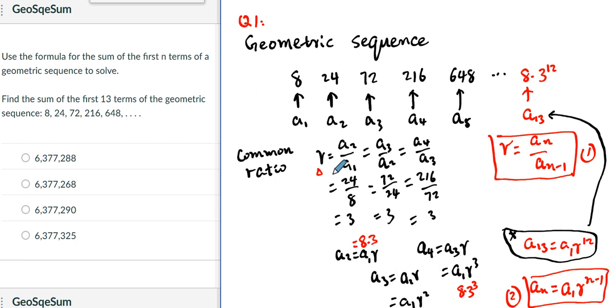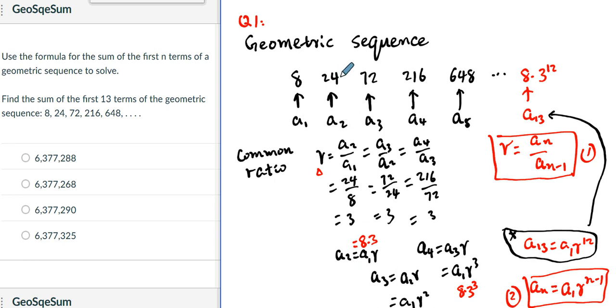Now, when you have the first term, you can immediately write the second term, because the second term can be obtained by first term times 3. You see, 8 times 3 is 24.